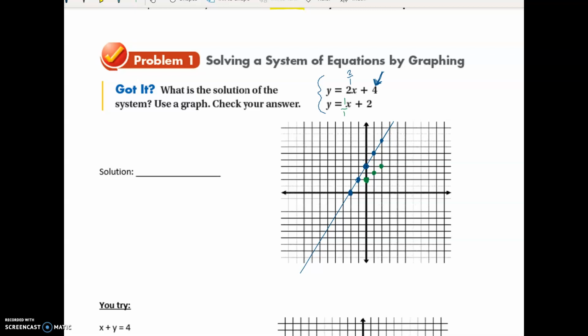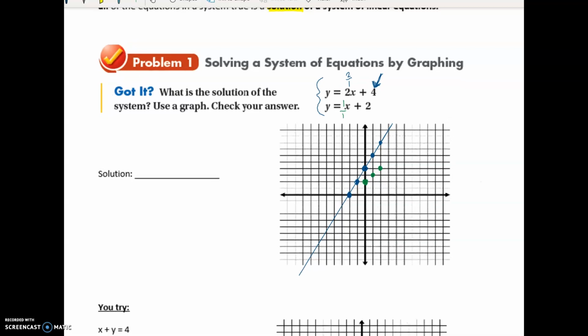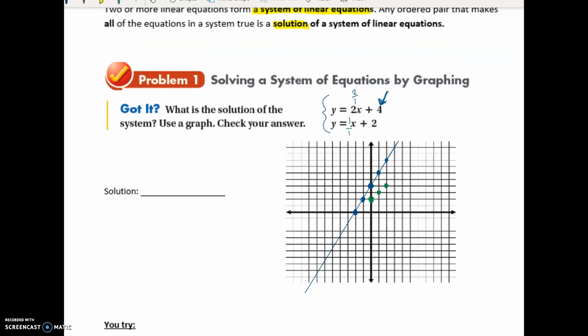I can see that if I continue in this direction, it's going to get further from the blue line, and I want to find where they intersect. So I'm going to go the opposite direction. Starting at 2, I'm going to go down 1 and left 1, down 1 and left 1, down 1 and left 1. And from there, I can see where the two lines are going to intersect.